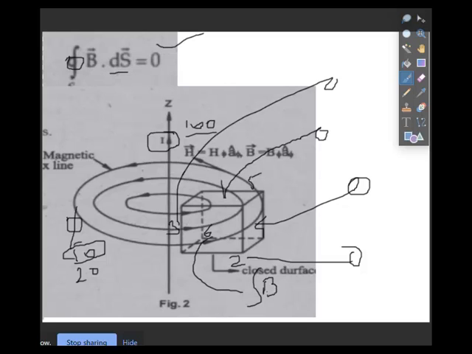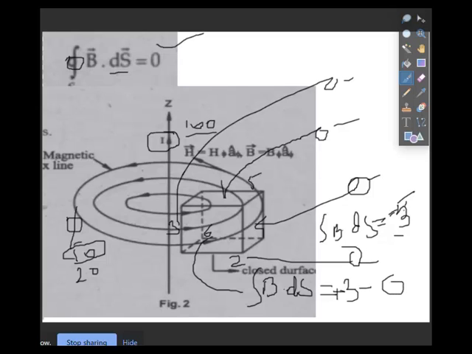Let the value be 3, because the flux lines entering the closed surface are taken as positive. For the back surface, number 5, the integration of B dot dS gives -3, because the flux lines are coming out. Since we take flux lines entering the surface as positive, the flux lines leaving the surface are taken as negative. If we add all the values, 0 plus 0 plus 0 plus 0, -3 and +3, the result will be 0, because +3 and -3 cancel out. So this expression is valid for time constant. But what will happen for a time varying field?